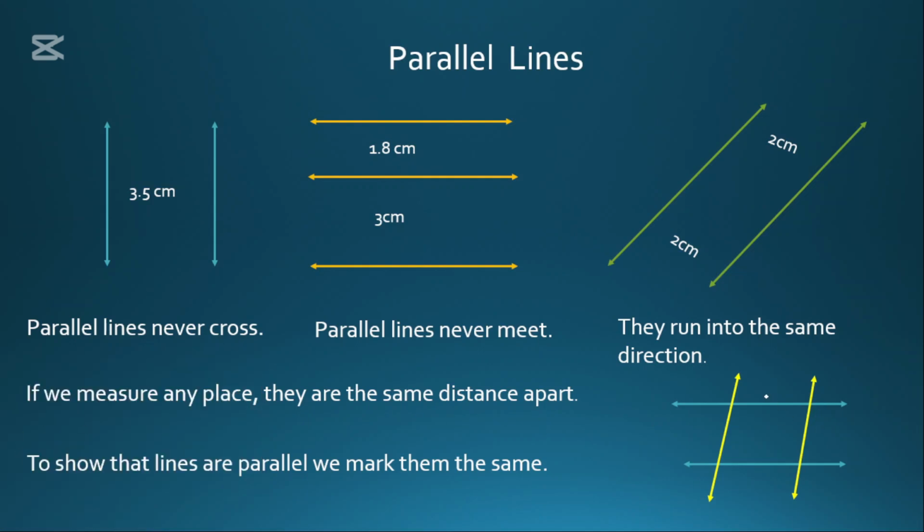Okay, so these two lines I will mark with one arrow. These two lines I will mark with two arrows. So you know we have two pairs of parallel lines there, and this is my first pair and that is my second pair, and for that reason I mark them differently.